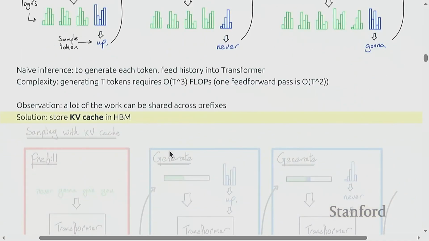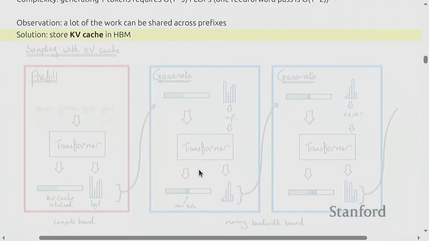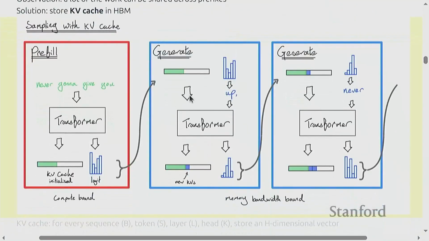And so the solution is you cache. And you cache in the high-bandwidth memory, HBM, because that's where you have enough space to store stuff. So this is what it looks like schematically if you have a KV cache. You take your prompt. The pre-fill step is you feed it through the transformer and compute this KV cache. Then you generate the logits over the next token.